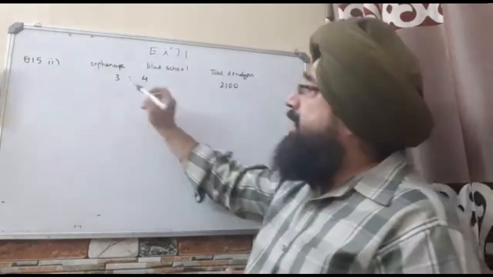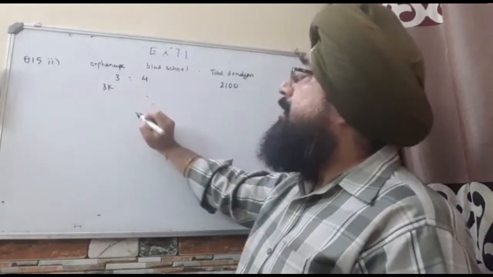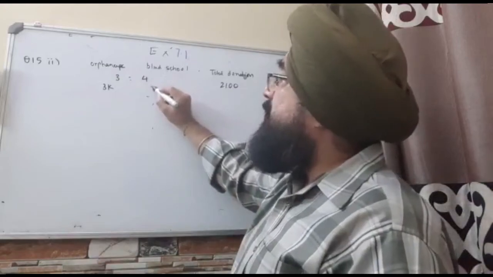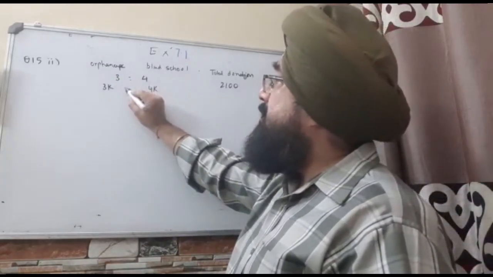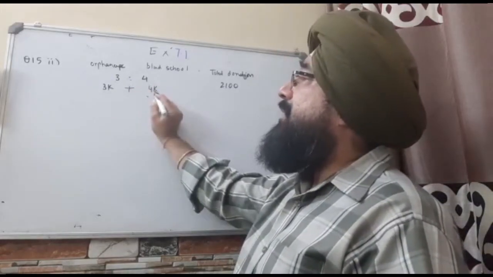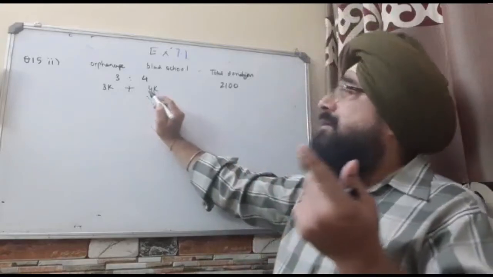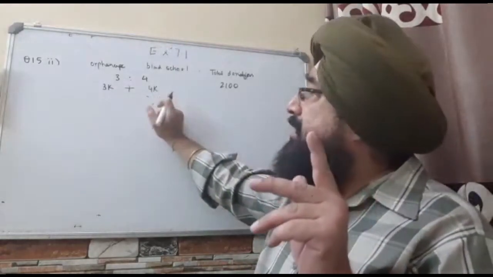So if I donate to the orphanage 3k money, I need to for sure give to the blind 4k money, isn't it? That is, the total money which I am giving is 3k plus 4k, that is 7k.